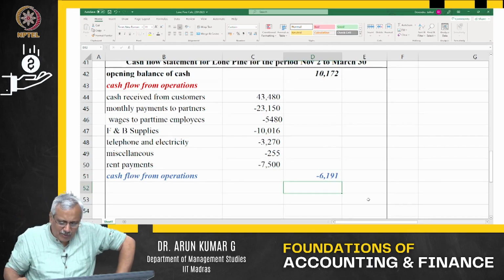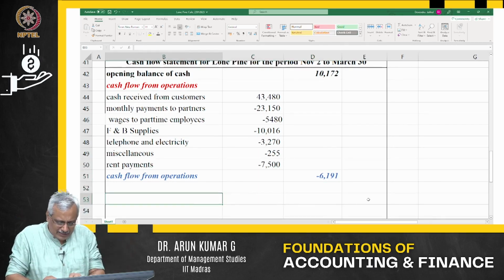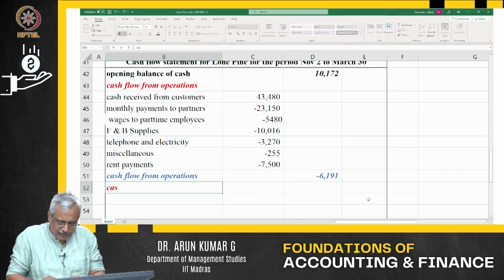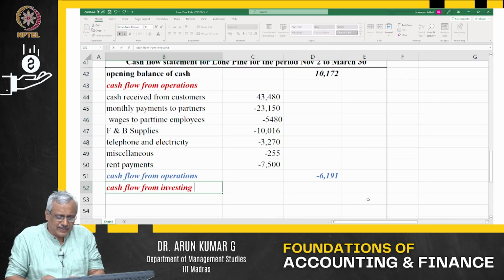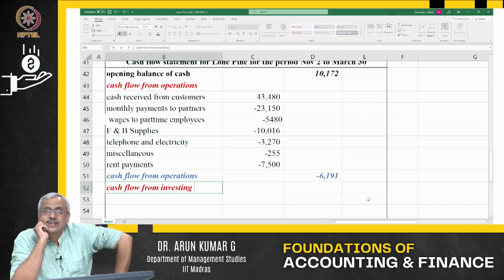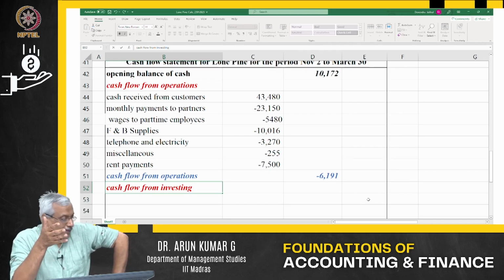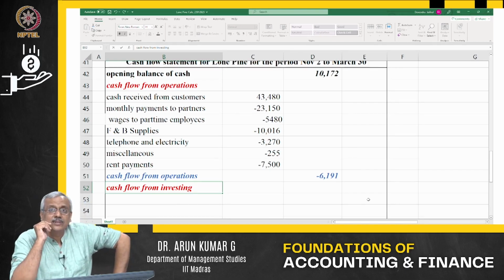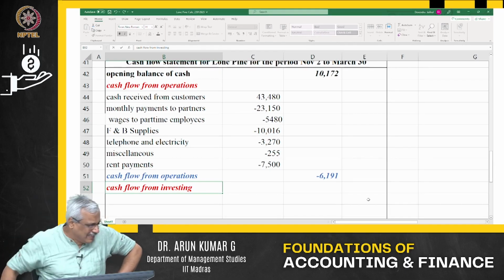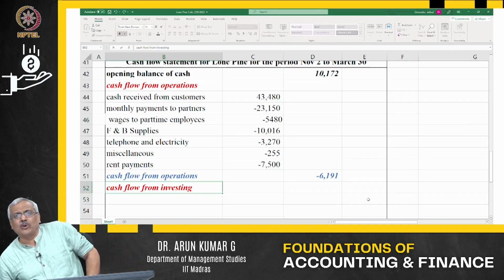Now I am talking about the next one, that is cash flow from investing activities. Investing means where I have invested money between November 2nd and March 30th. I do not see any inflow or outflow that has happened because of an investing activity in this case.